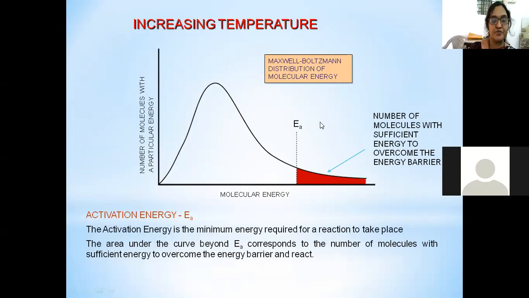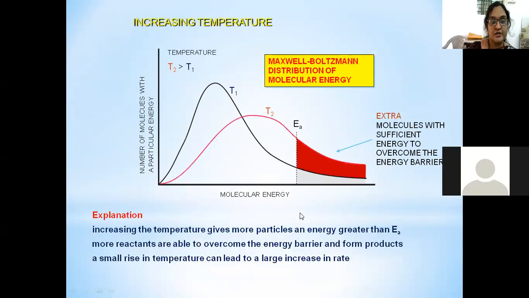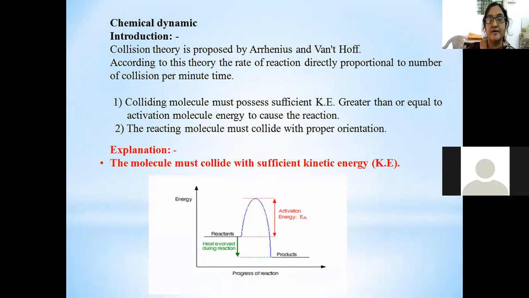Here you can see this is the activation energy, and these are the number of molecules which possess that particular energy. Now when the temperature is increased, you can see the number of molecules possessing that activation energy will increase, and that's why the rate of reaction will increase.